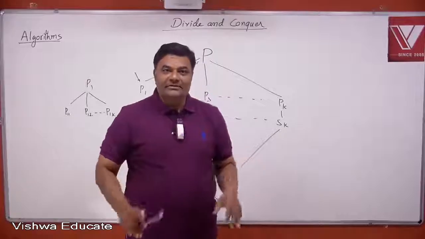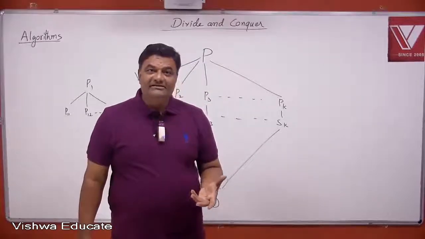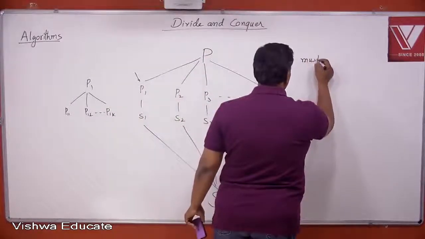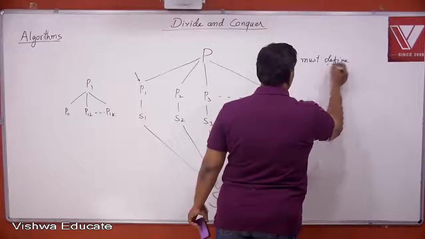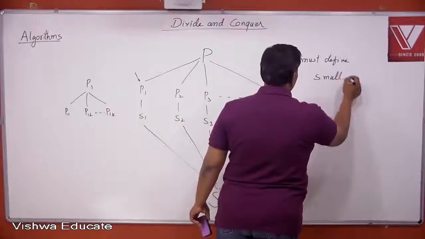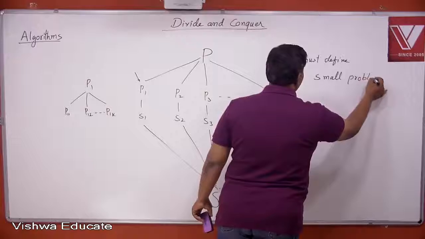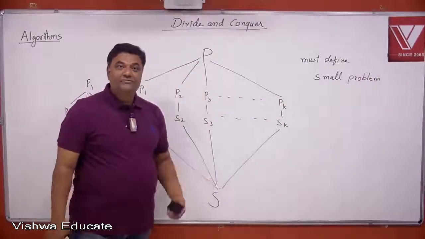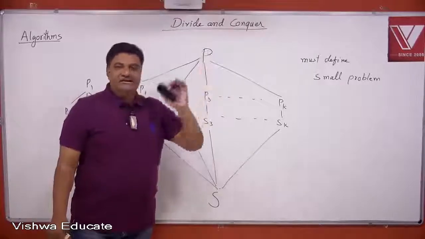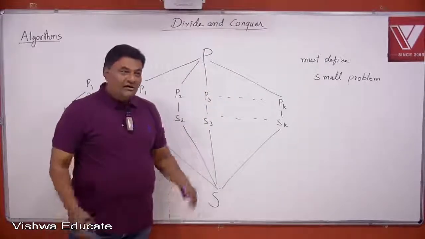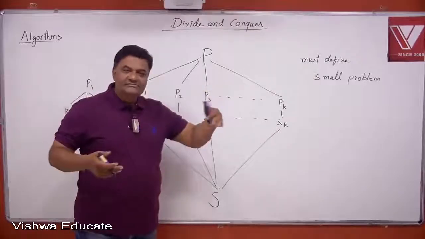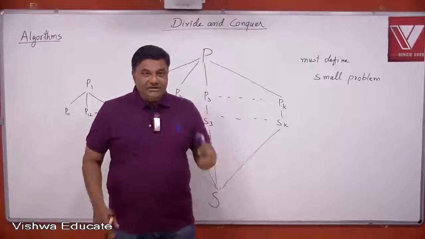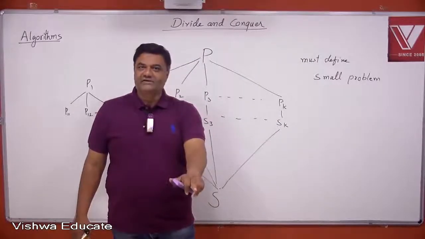This is small, stop. So you should also know what it means by a small problem. In divide and conquer strategy, you must define a small problem: when do you say the problem is small? If it is not small, then it is large. Large can be as large as possible, so we don't have an upper limit on large, but we can have a lower limit that says this is small.